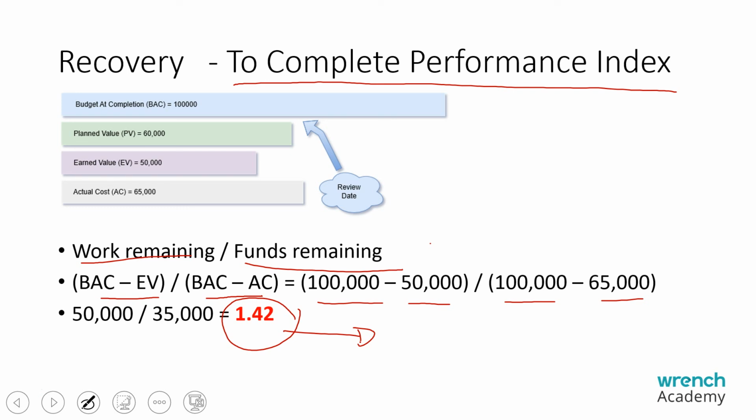And this gives me the ability to forecast. And once I have the forecast, then I can take preventive actions instead of corrective actions. So that way we become more effective as project managers.